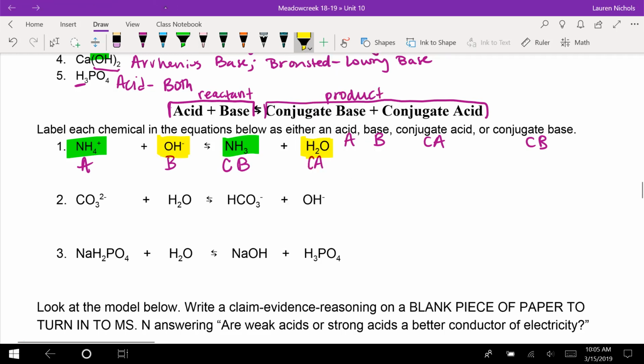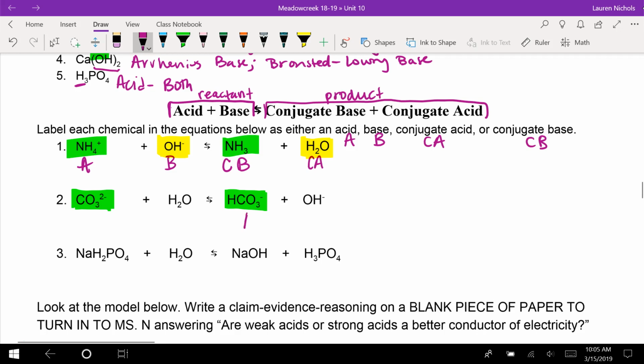These two have to be partners. They only differ based on the 1 H plus. Now, if we look at question number 2, I'm going to look at CO3. Now, I notice that when I look on the other side, this one must be its partner. It also has CO3. What I notice, though, is that HCO3 has the hydrogen and CO3 2- does not.